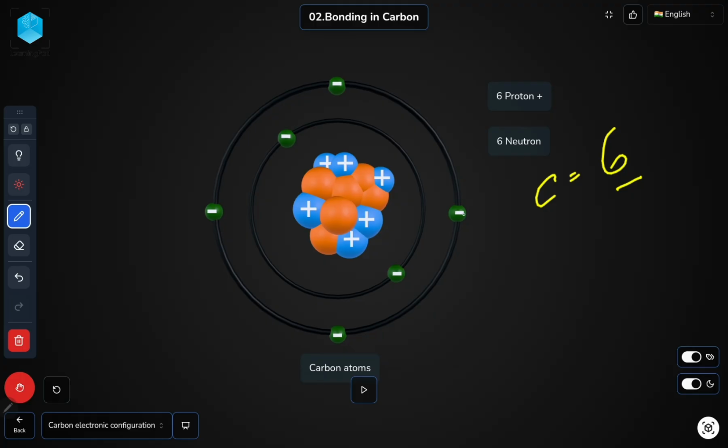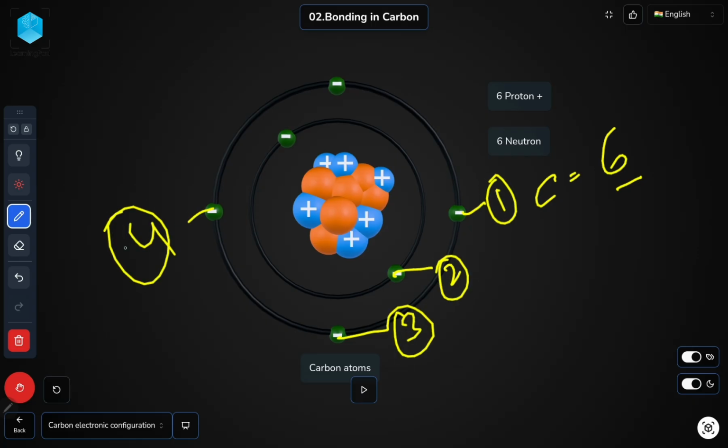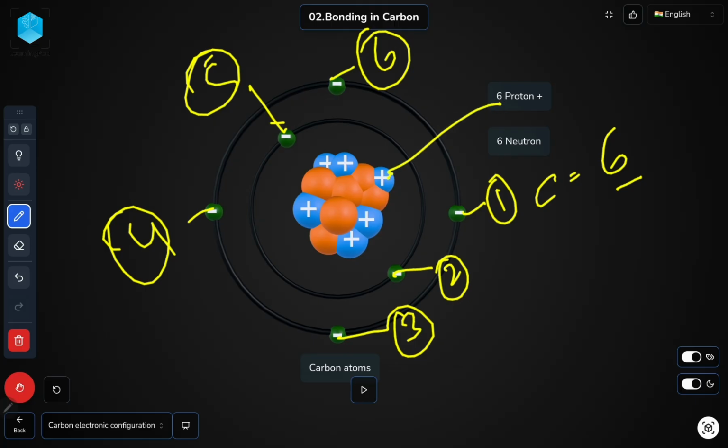You can see here these are the electrons. 1, 2, 3. This is first, second, third, fourth, fifth, and sixth. So we have 6 electrons. Then number of protons. You can see the plus charge. These are 6 protons. And you can see these orange balls. These are 6 neutrons.